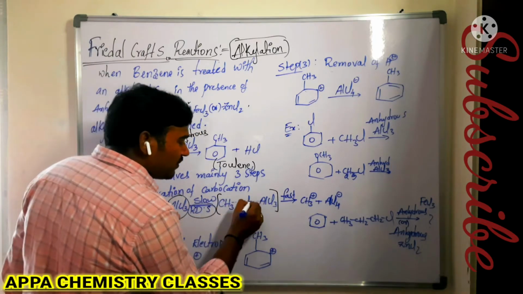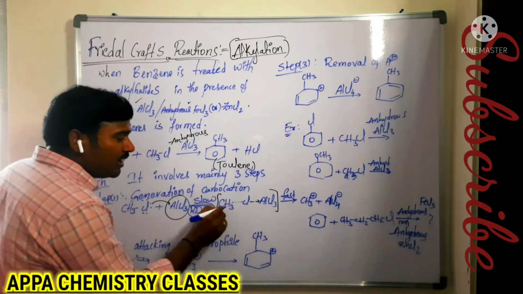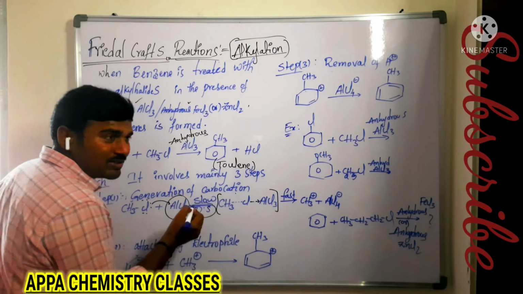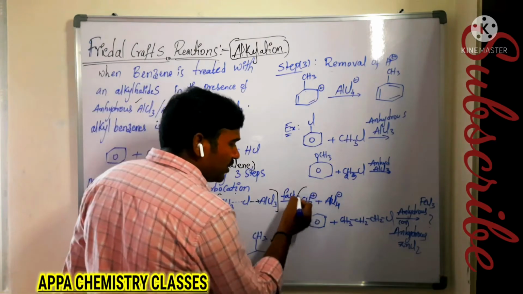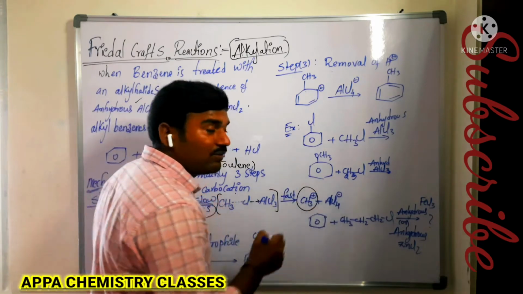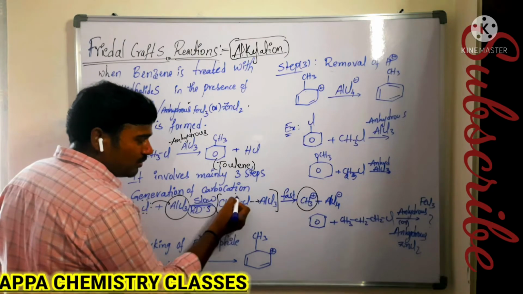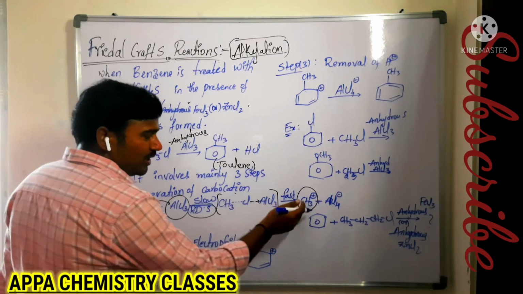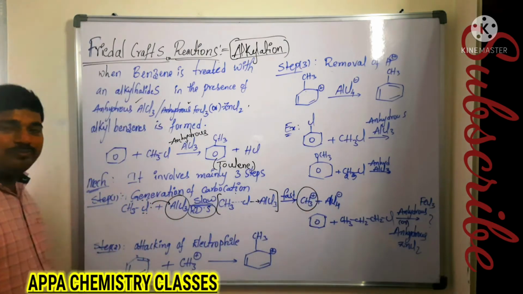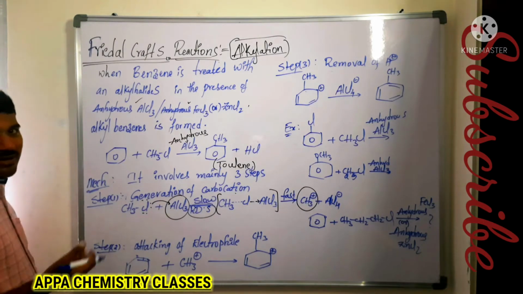Now this bond also breaks slowly, and then we get the carbocation plus AlCl4 minus, the aluminum chloride anion.